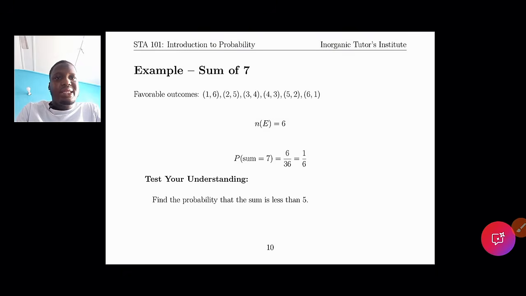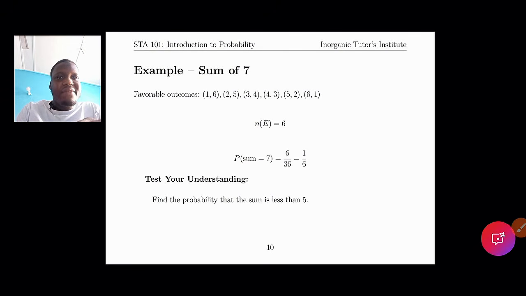This is an example asking us about the sum of 7 when two dice are being rolled. I think we've seen this example, so I won't spend much time on it. I'll just touch on it briefly and we move on.